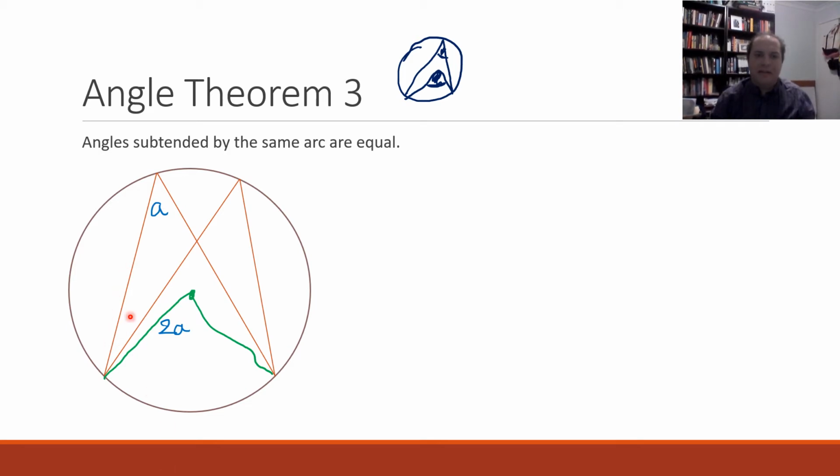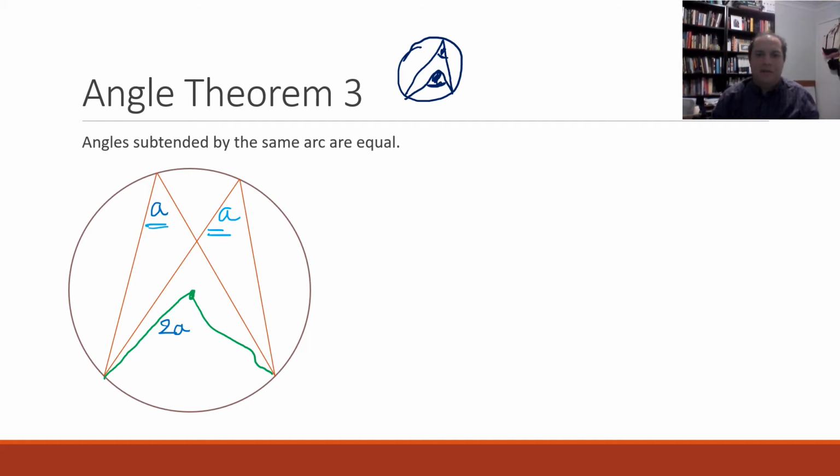But now looking at this right-hand side chevron or arrow shape, it's got the same angle at the center, 2A. So at the very top, that angle must be A as well, because it's an angle at the circumference, and it's got the same arc as this 2A angle here at the center. So both of those angles at the top must be the same.